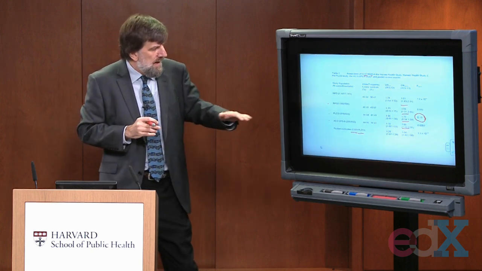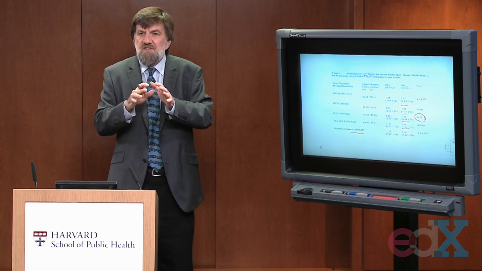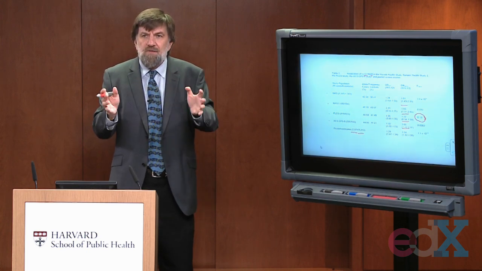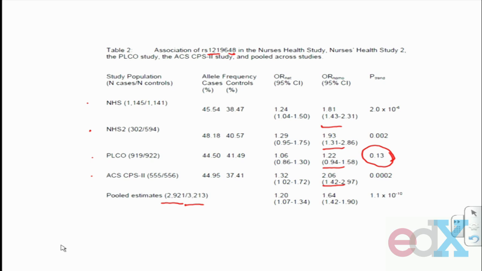The key, when we get multiple studies, is to use a technique called meta-analysis, in which we can summarize across studies what the information is that all of the studies give us at one time, and generate a summary estimate or summary odds ratio and confidence interval and a summary p-value.